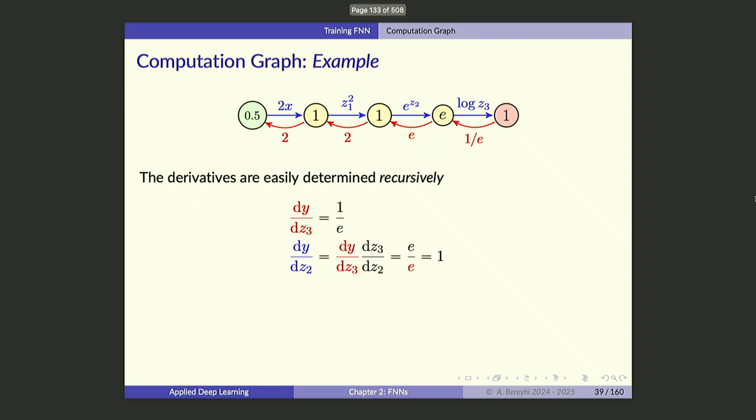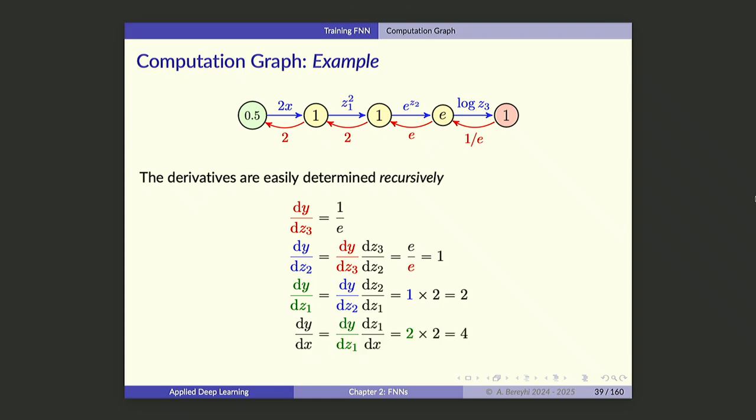If you want to compute the derivative with respect to z2, you multiply the first one by the second one, and you're going to get 1. If you want to compute the derivative with respect to z1, you multiply the three last guys. And the derivative with respect to x is just multiplying all of them, which is going to be 4 again, like what you computed on the board, right? So everybody's clear? So this is the idea of backpropagation.